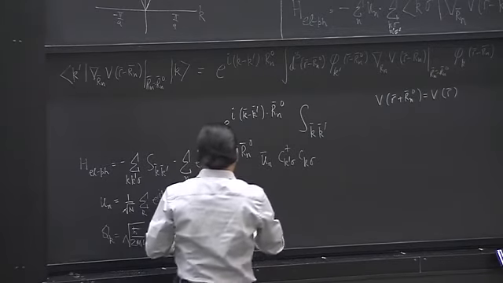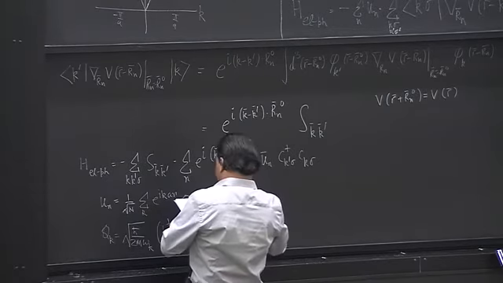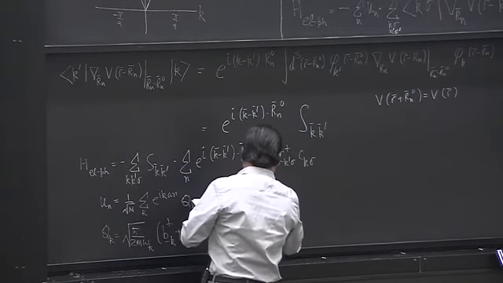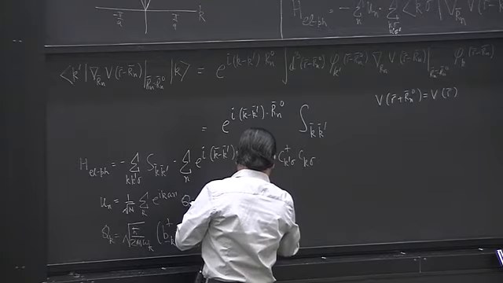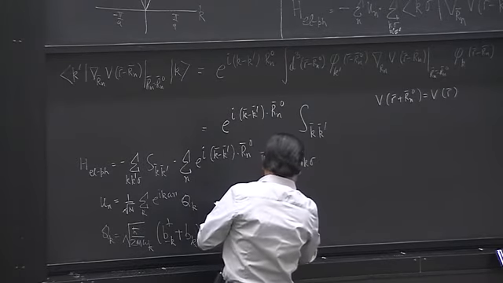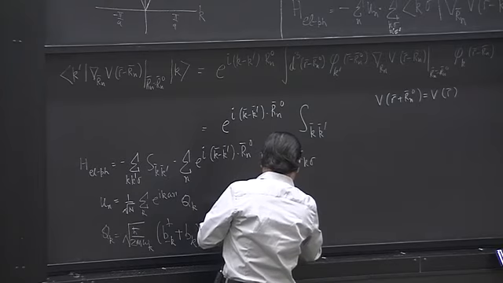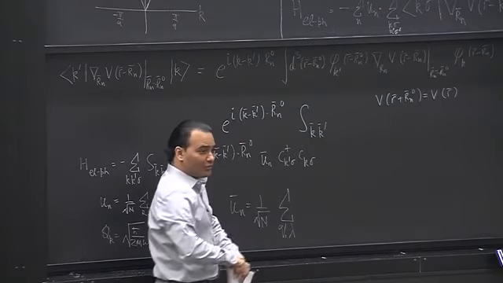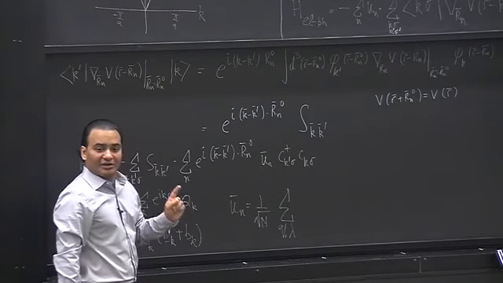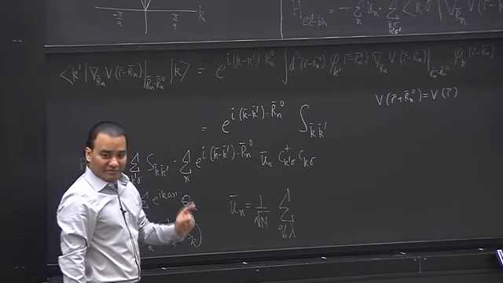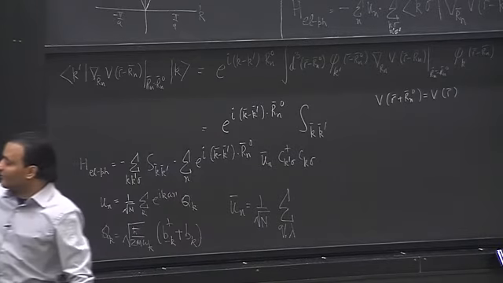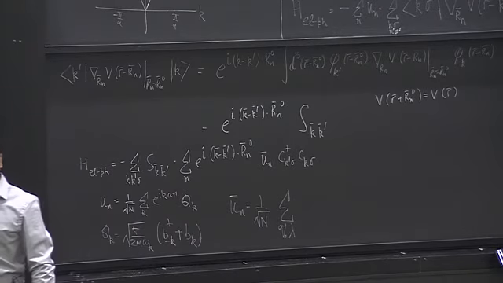In general, you can write the displacement u n equal to 1 over square root of N, sum over q and lambda, where q is this k which runs over the first Brillouin zone, and lambda is again a label for various branches.